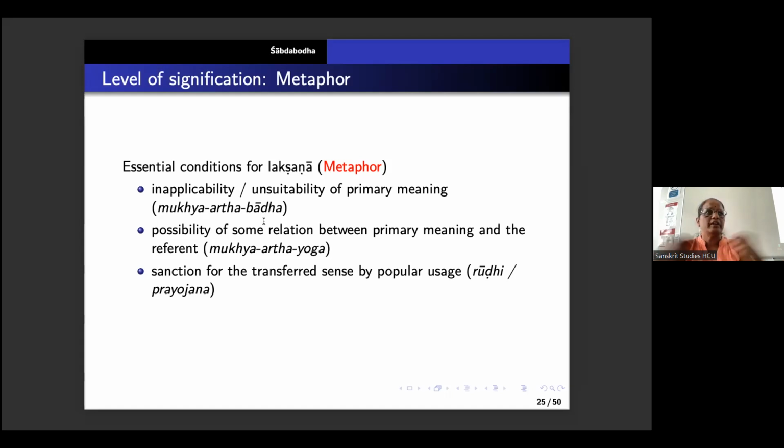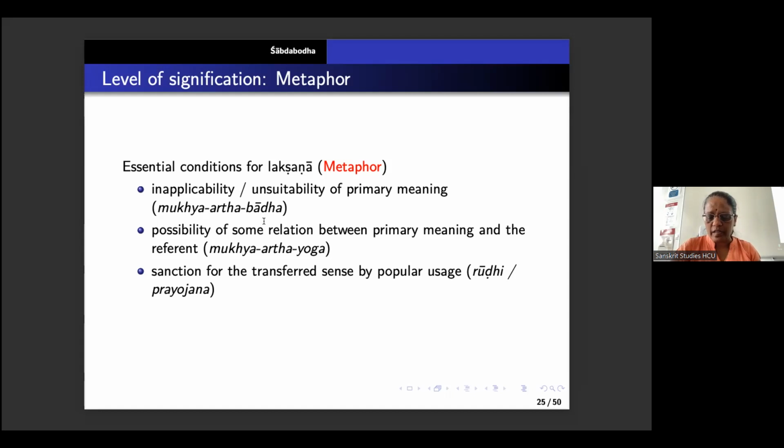It's not that you can arbitrarily extend the meaning in any way. There should be some kind of linkage. And the third one is there should be sanction for the transferred sense by popular usage. So there should be some rudhi, some usage already in the community, so that the other person can understand it. Or there should be some purpose behind it, so that the person can understand it.